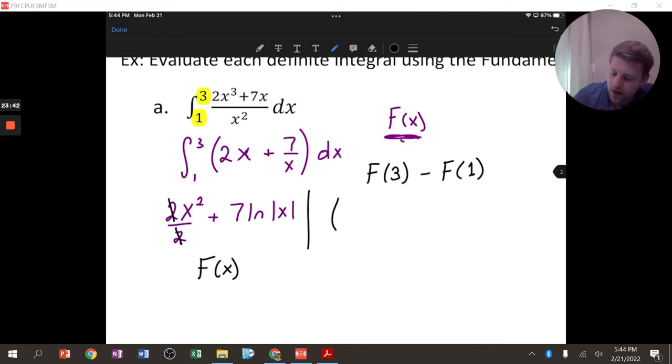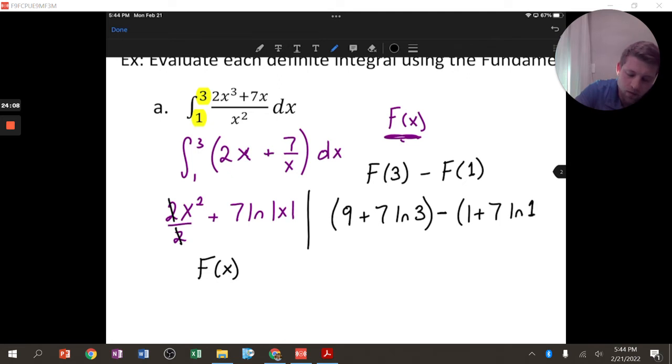So we have x squared, which would be 3 squared, or 9, plus 7 times the natural log of absolute value 3 would still just be 3. Subtract, we'll do the evaluation at 1. 1 squared would be just 1. Plus, we'll take, as again, 7 times the natural log of 1.